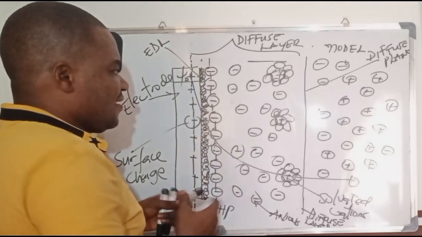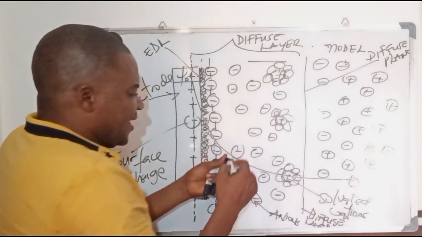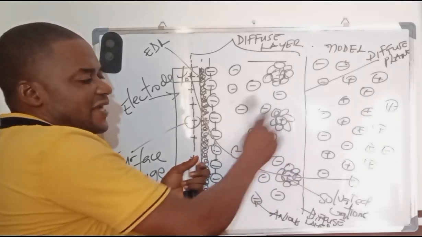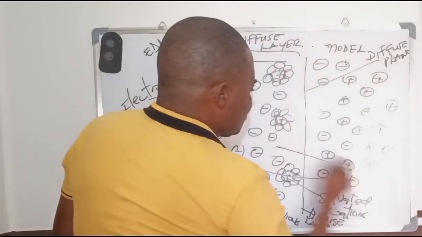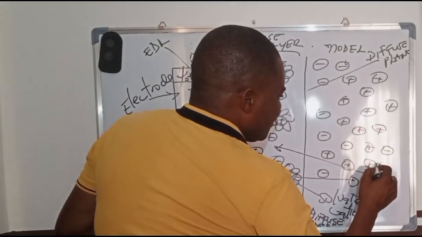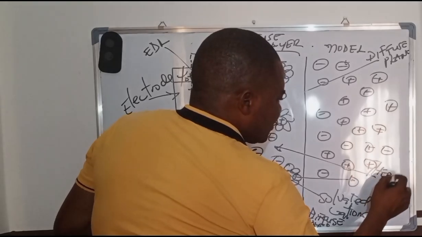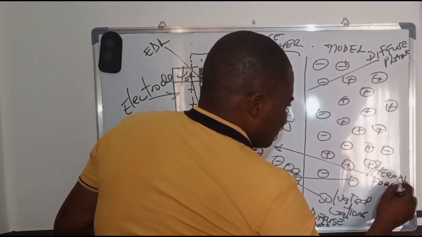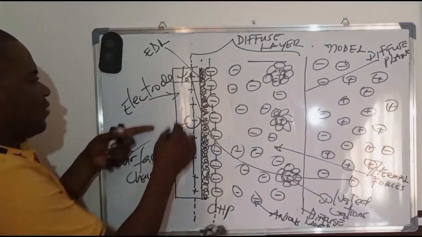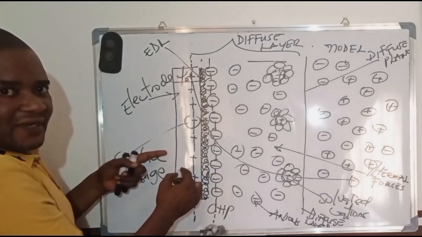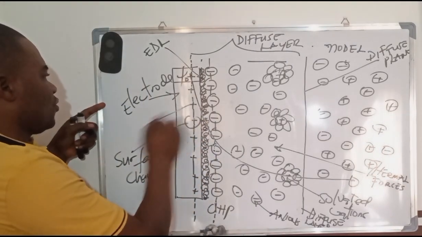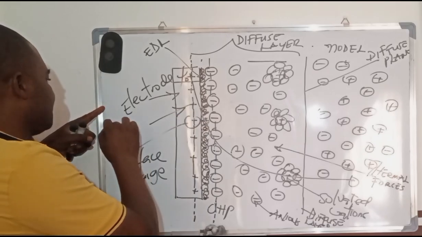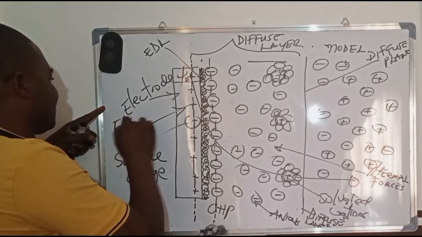Now he says that in this plane where you have the electrolyte, there are always what you call thermal forces, and around the plane where you have the electrode, there are always what he called electric forces.